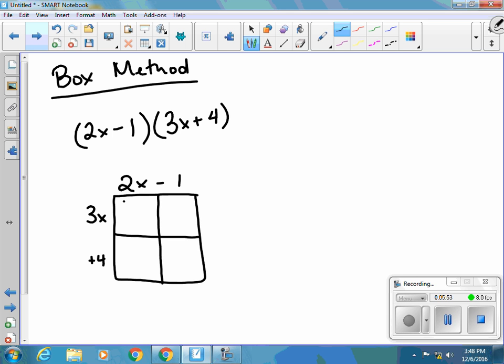In this box here, I then take 2 times 3 to give me 6x squared. In this box I go with the row by the column, so in this case 3x times negative 1 to give me negative 3x.